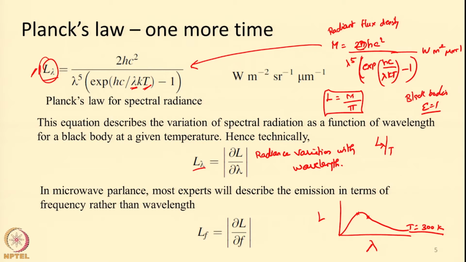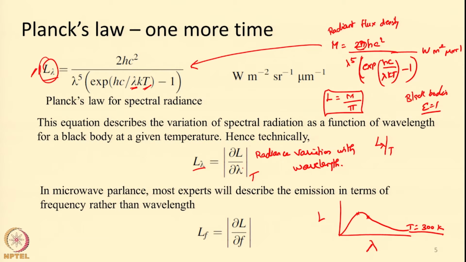Mathematically this can be written as a partial derivative, that is, this L lambda is nothing but the variation of radiance with respect to wavelength, dou L by dou lambda at a temperature T. Here we are holding temperature constant, that is why the partial derivative is with respect to lambda.